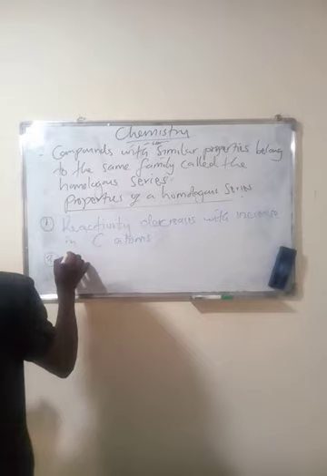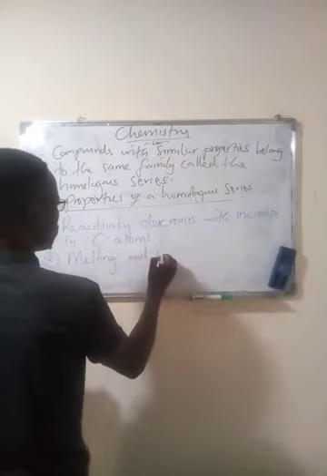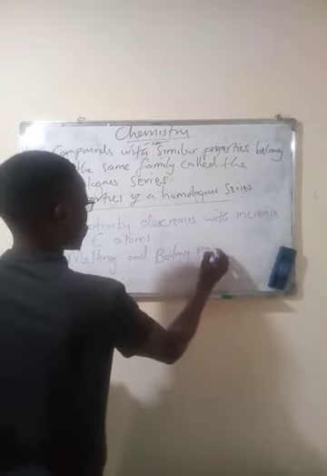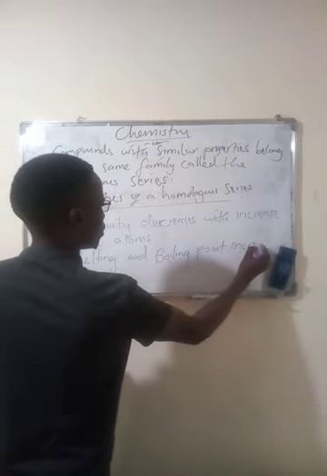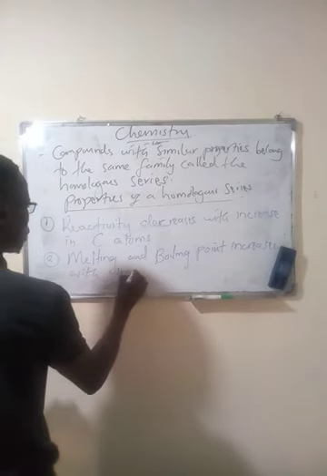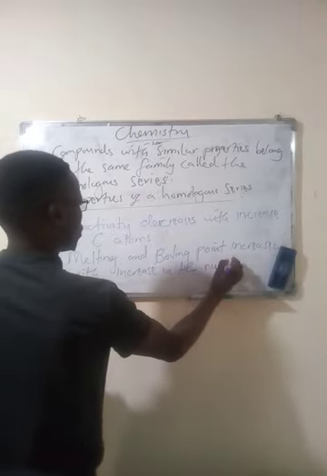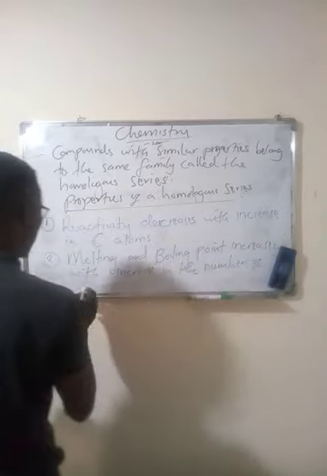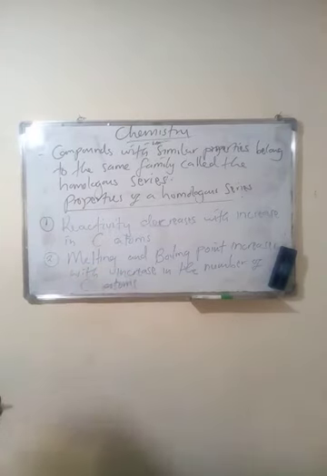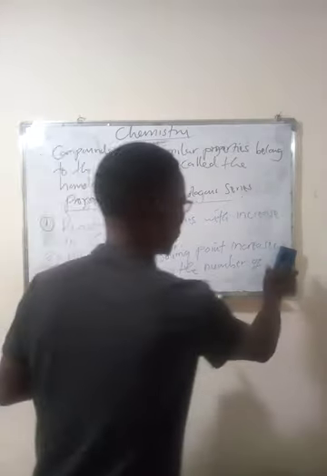So melting and boiling point increases with increase in the number of carbon atoms. Okay, so melting point and boiling point increases with increase in what? In carbon atoms. What else?